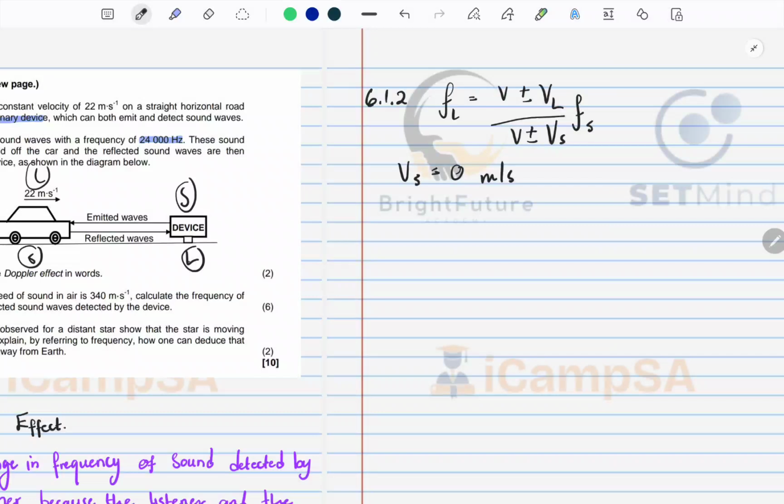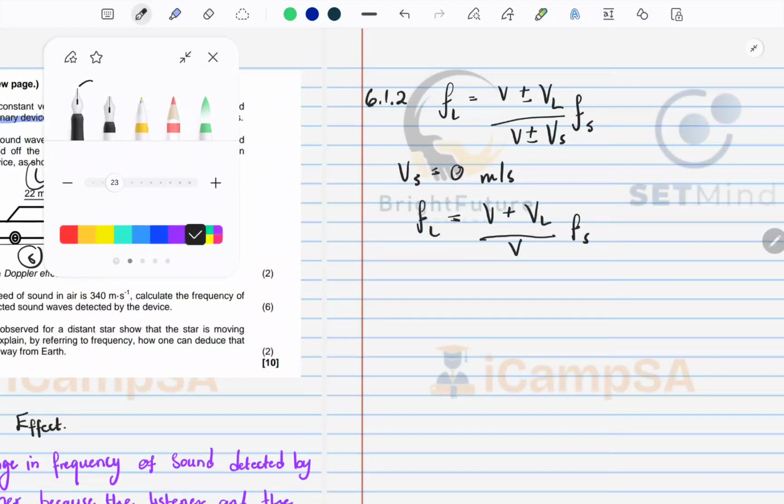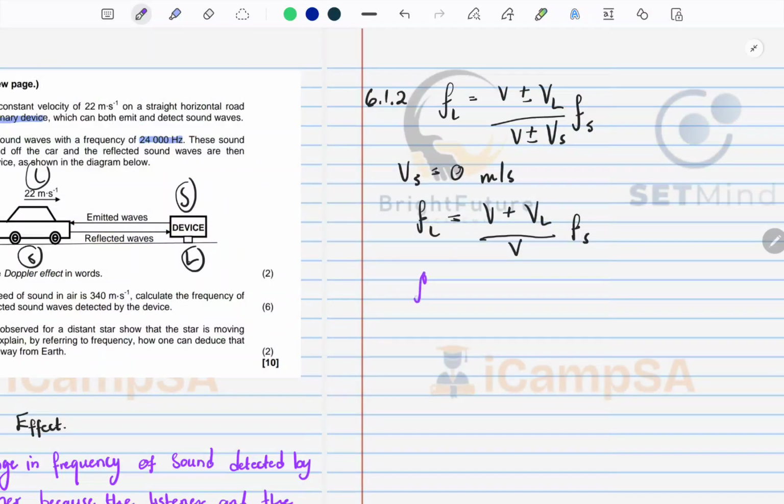Then we can see that the car is moving towards the device, so the velocity here is going to be positive. That means you're going to have FL equals V plus VL over just V. Why is it just V? Because VS is 0. Then when we move forward, we just substitute, because we are looking for FL.